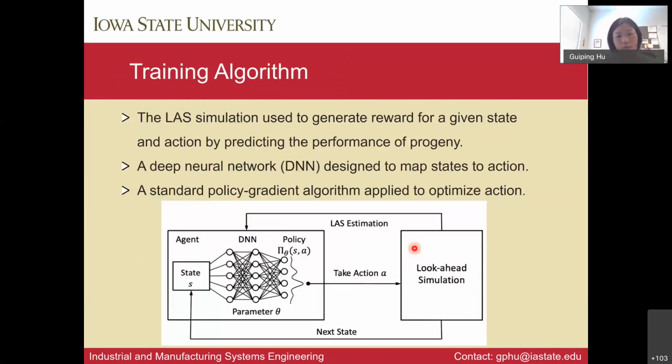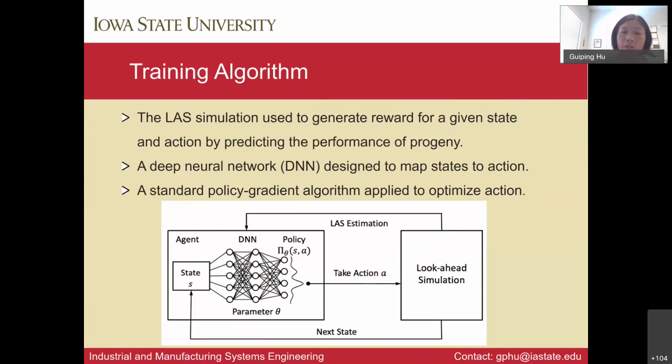So for the training algorithm, this is the framework of what we are doing here. We have a deep neural network to simulate the process. Then the look-ahead selection, when there is an action taken, is plugged into the simulation.